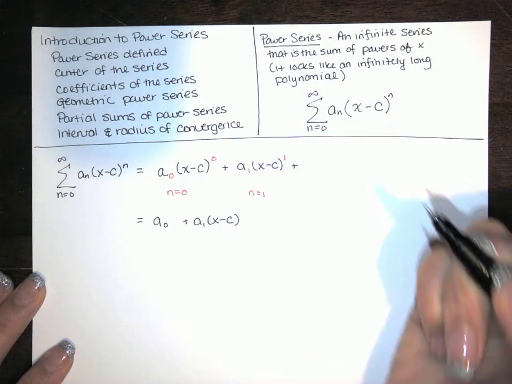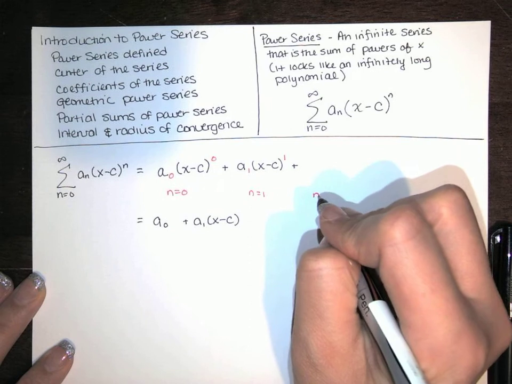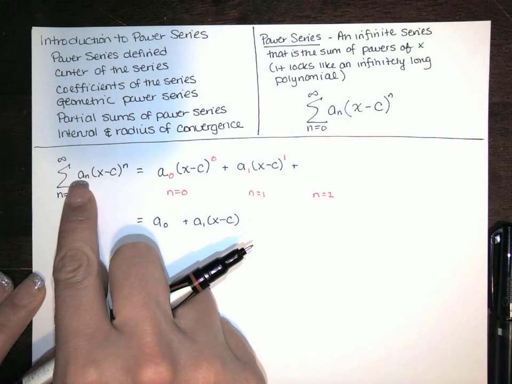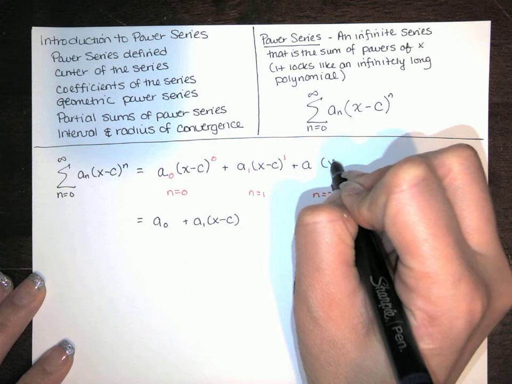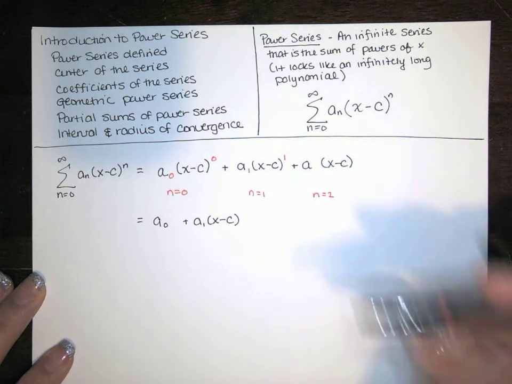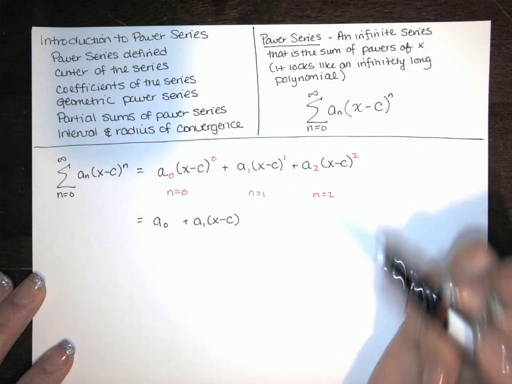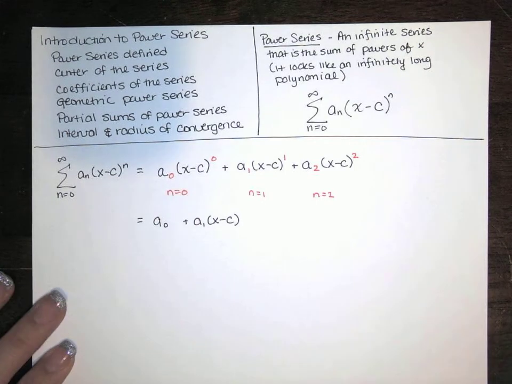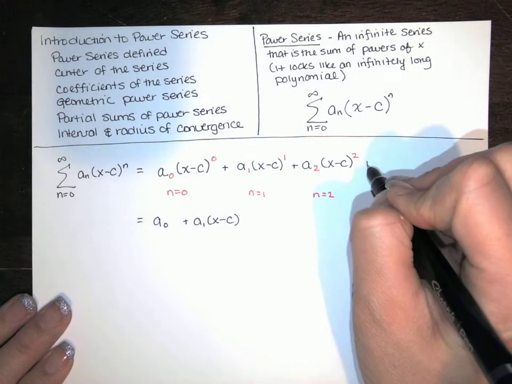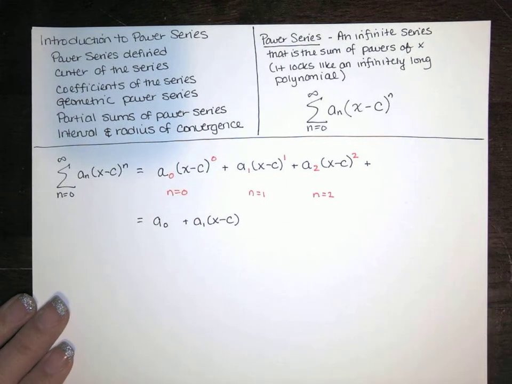When n equals 2, we get a sub 2 times x minus c squared. You see that n is the only thing that's changing. The next one, I think if you see the pattern, you'll know what it is.